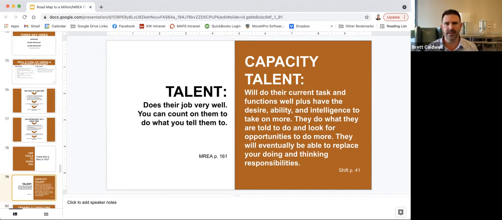Another way to say it is they have the ability to get the job done in 6 hours a day instead of taking all 8, or they have the ability to do the job 4 days of the week. So the 5th day they can work on new projects. And it really just speaks to speed, but it also speaks to intelligence and their ability to engage those things at a much, much higher level.